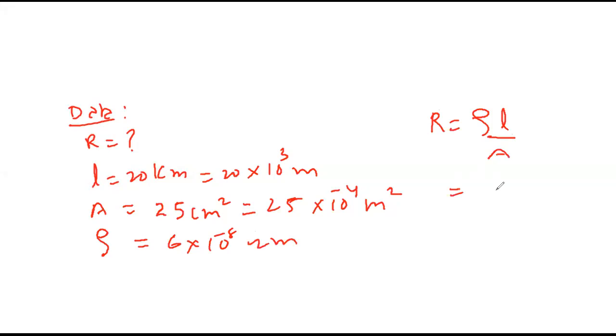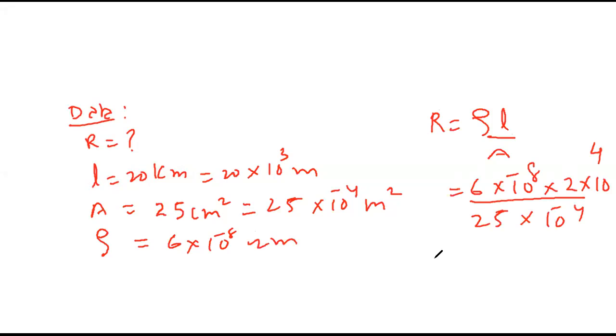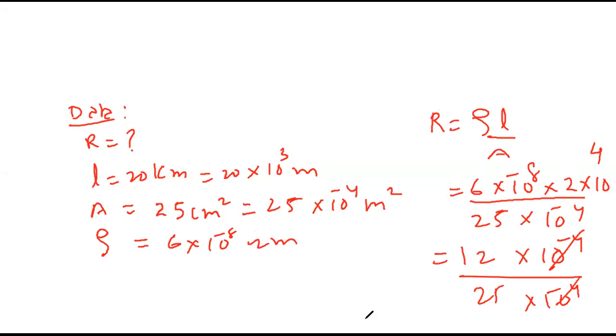Rho is 6 into 10 raised to minus 8. Length is 2 into 10 raised to 4. Area is 25 into 10 raised to minus 4. So 12 into 10 raised to minus 8 plus 4 upon 25 into 10 raised to minus 4. This will get cancelled.